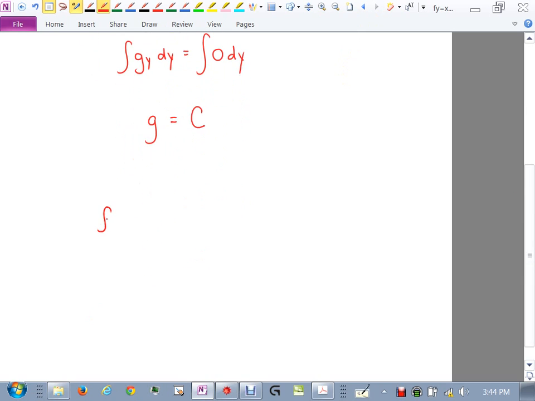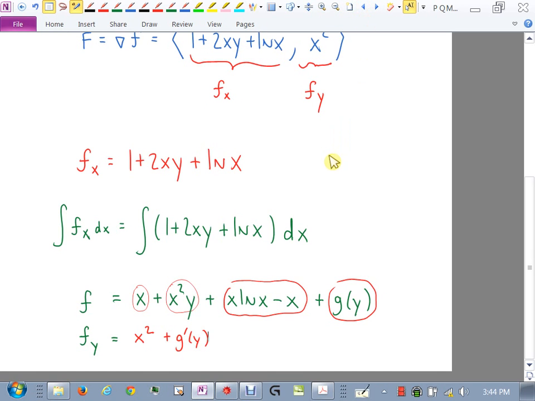So my final answer is that little f was x squared... What was it? Was it x squared y? Wait a minute. Oh, x plus. Did I do a different problem than was on the... Oh, x squared y plus x. Oh, these x's cancel. Sorry. I'm looking at the answer I came up with a while back.